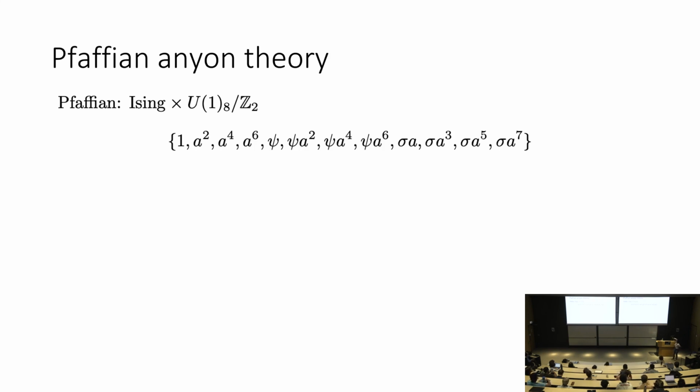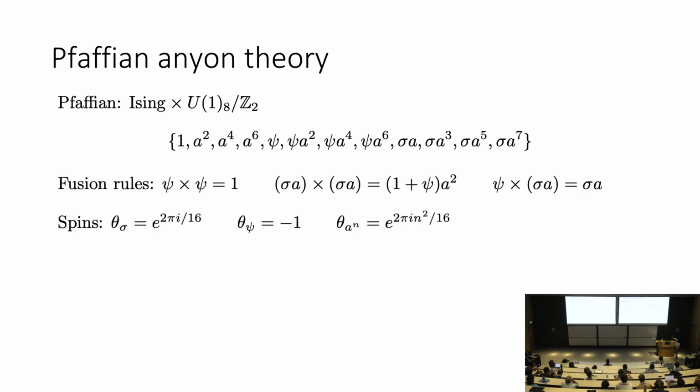The simplest, so let's look at the Pfaffian anyon theory. And this guy has these anyons. The psi and sigma come from Ising topological order, and the A's generate a U1 level 8.